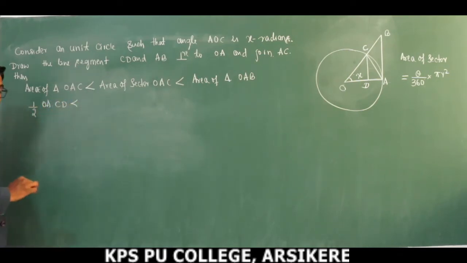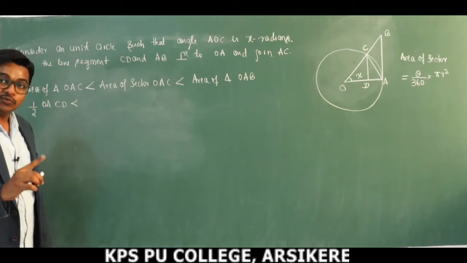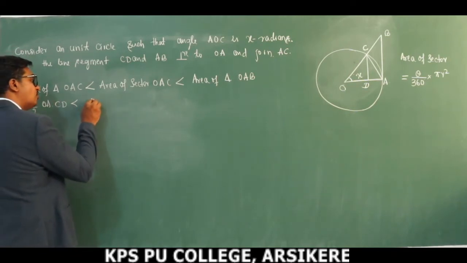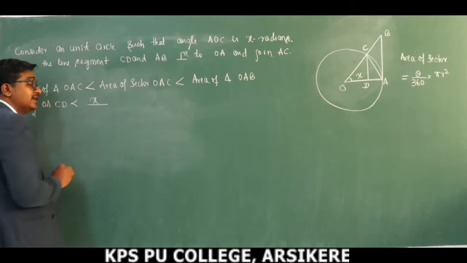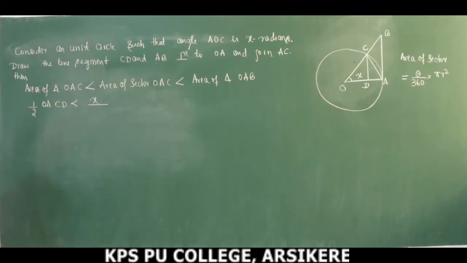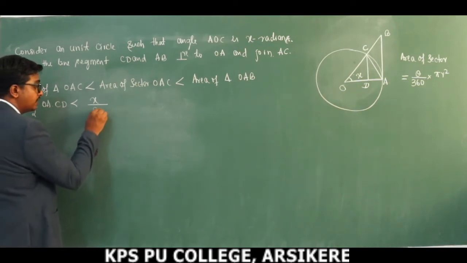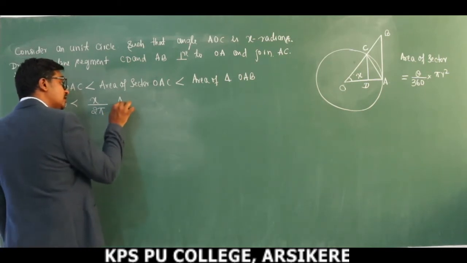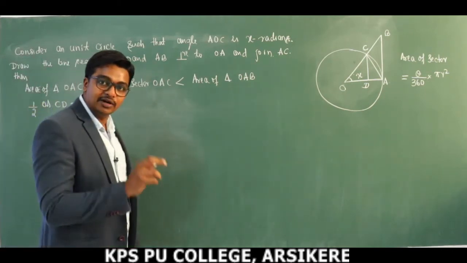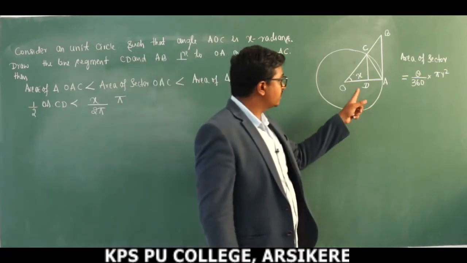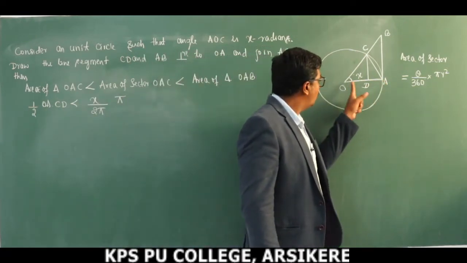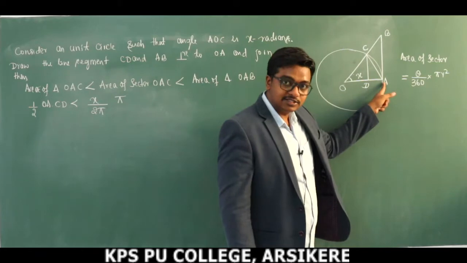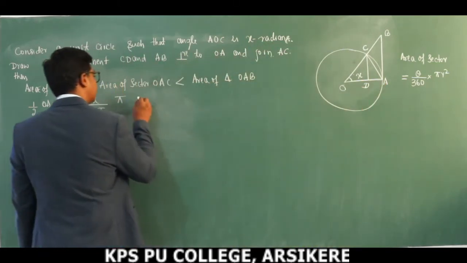So this is less than area of the sector OAC. That is x divided by 2 pi, in radian form, into area of the circle, pi r square, where r is the radius. Therefore r square is OA square, OA being the radius.